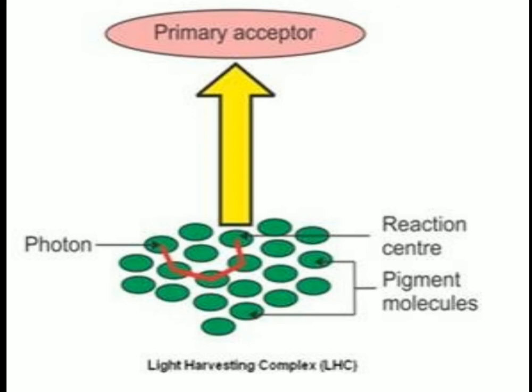Photosystem 1 and photosystem 2 I have already discussed with you, but again I will make a brief note over here. These are named in the sequence of their discovery, that is photosystem 1 was discovered first, and not in the sequence in which they function during the light reaction. Light harvesting complex is made up of hundreds of pigment molecules bound to proteins.